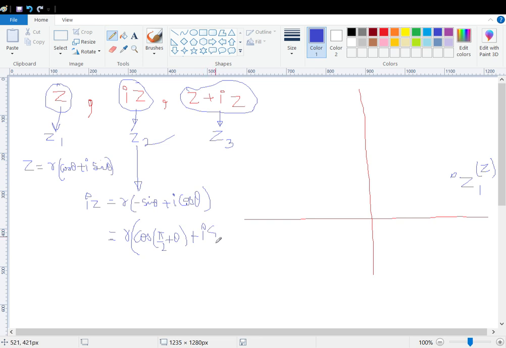Most of you who have done your trigonometric basics don't have any inhibition in writing z2, that is iz, in this form. And my next query is, if you are able to express z2 in this form, what does it tell you? How do you relate z1 and z2?